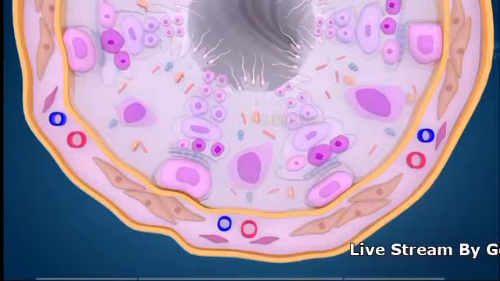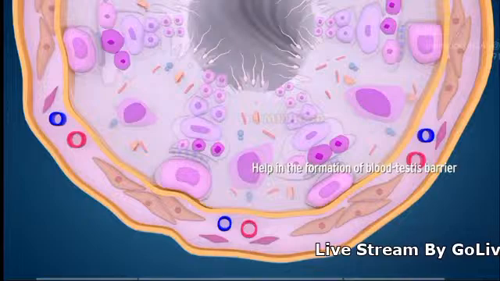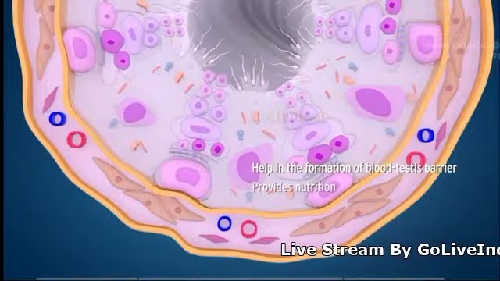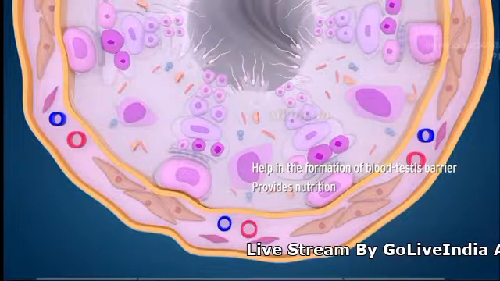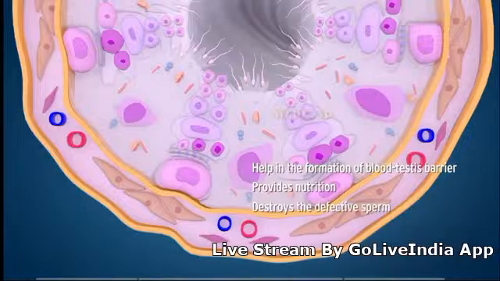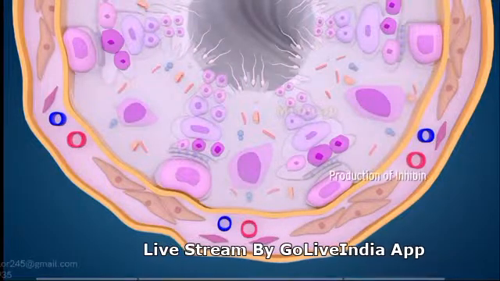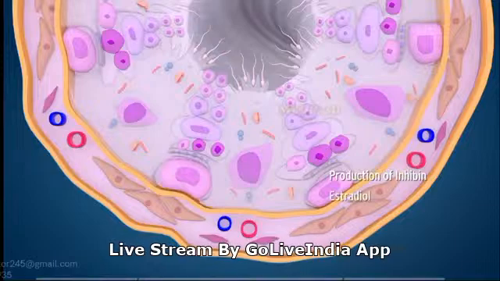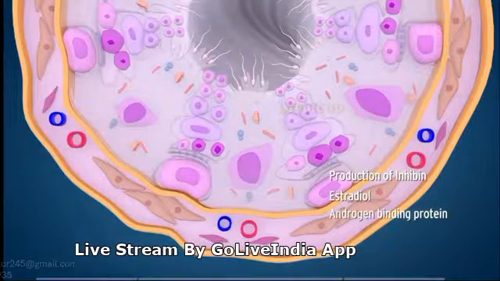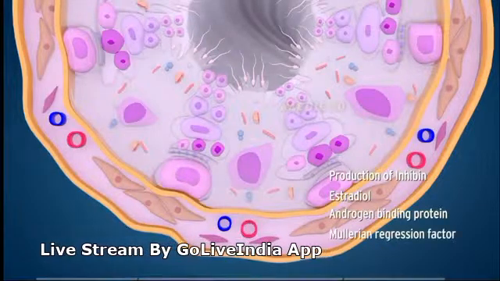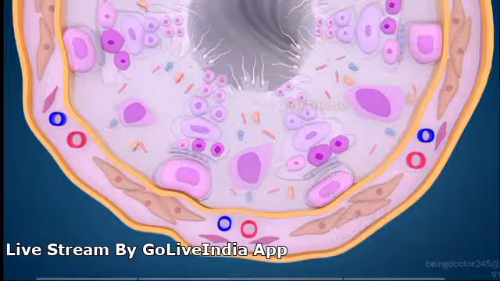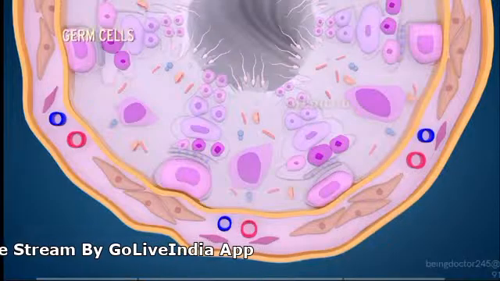The Sertoli cells help in the formation of the blood-testis barrier, provide nutrition to the developing sperm, and destroy the defective sperm. In addition, they also help in the production of inhibin, estradiol, androgen binding protein, and Mullerian regression factor. Germ cells.